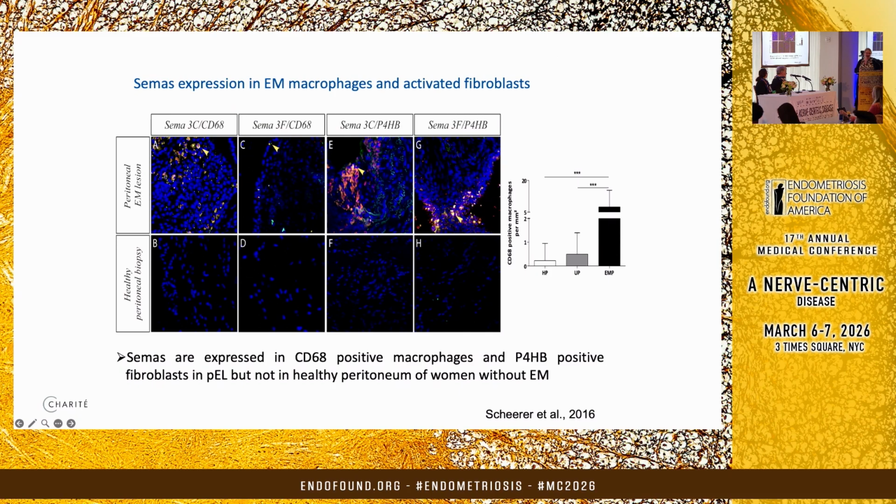Rheumatoid arthritis researchers looked at the semaphorins, especially semaphorin 3C and 3F, which seem to be involved in damage of sympathetic nerve fibers. So they found it also in rheumatoid arthritis. So we looked for semaphorin 3C and 3F also in peritoneal lesions, in comparison to healthy controls.